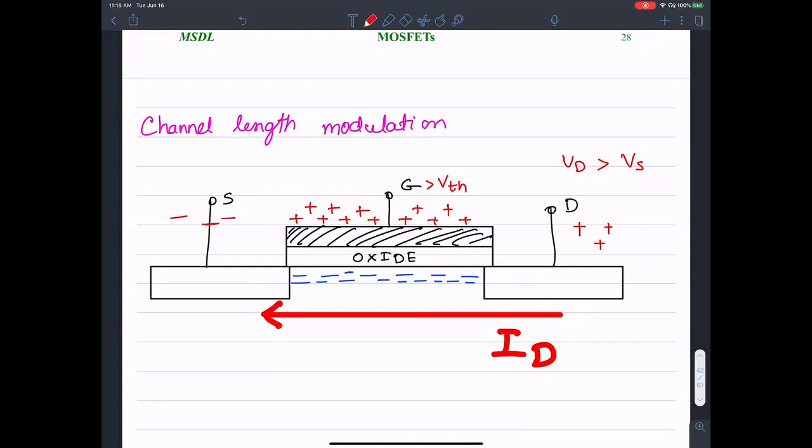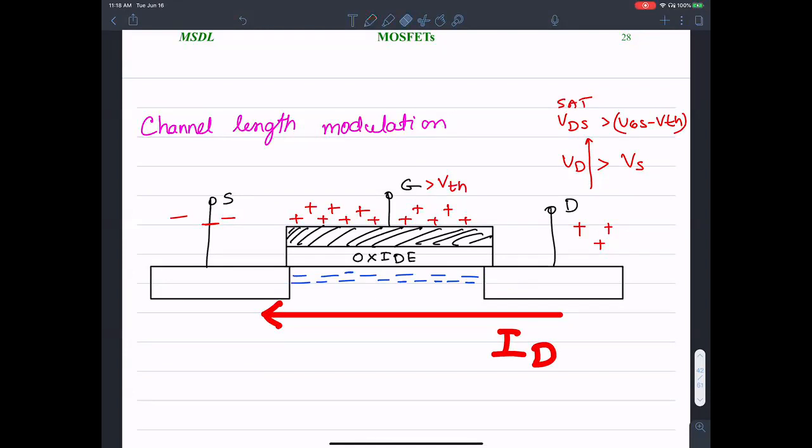Now, let's see what happens if I keep increasing the drain voltage higher and higher. At some point, VDS is going to be much higher than VGS minus V threshold, and we are entering the saturation region.